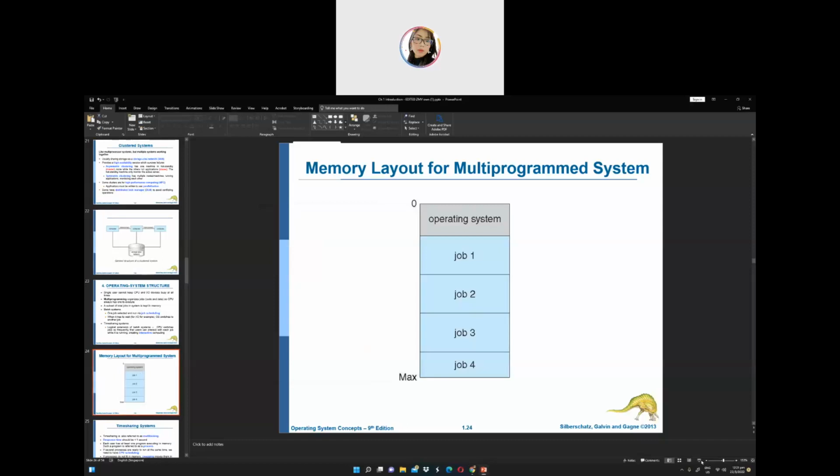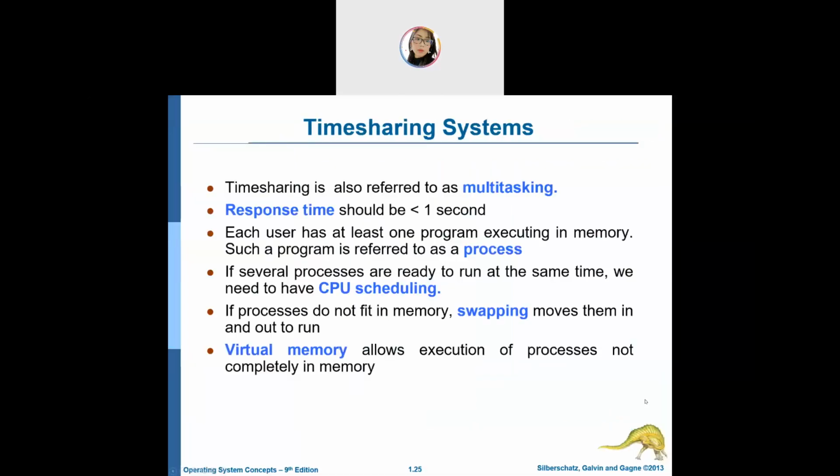Okay, here. So in terms of time sharing, it's also referred to as multitasking. Response time should be less than 1 second. I think every single thing, not only for time sharing, you will have this kind of thing nowadays. Unless you have a lower spec laptop or computer, of course, sometimes there will be a delay.